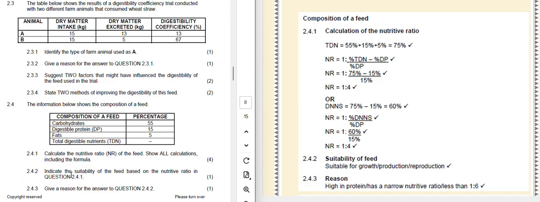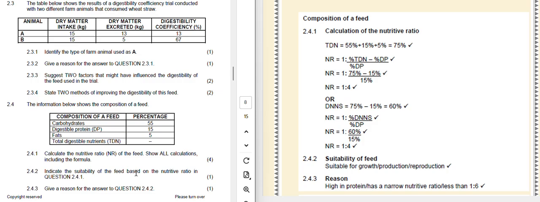2.4.2, indicate the suitability of the feed based on the nutritive ratio in question 2.4.1. The suitability of the feed. What can this feed be used for?